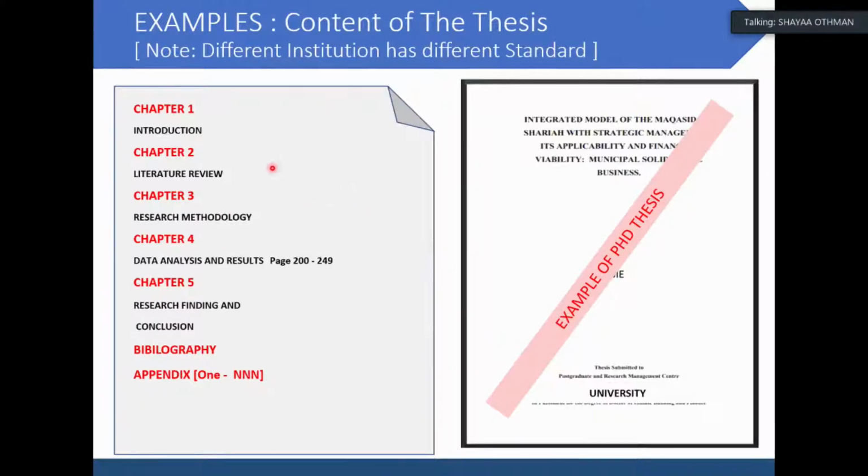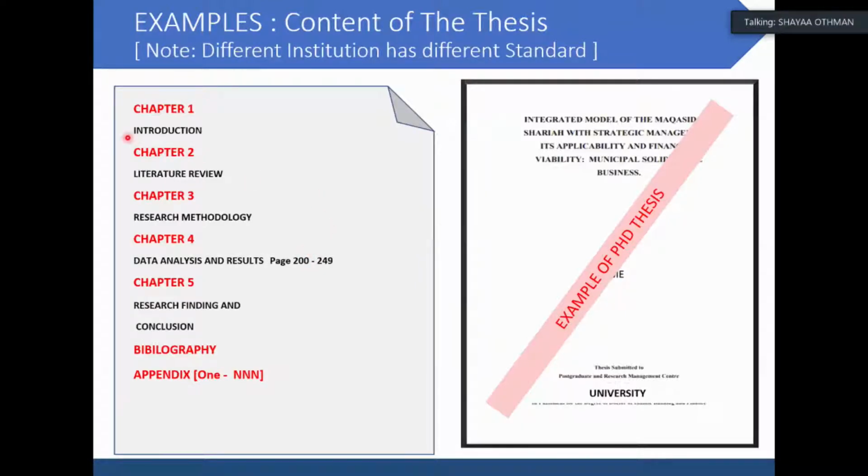So here is an example. Depending on the universities, how they're structured, this is a practical research. This one university prefers 5 chapters only. Maybe it's easy for them to assess, easy for the external examiner to assess, and so on.